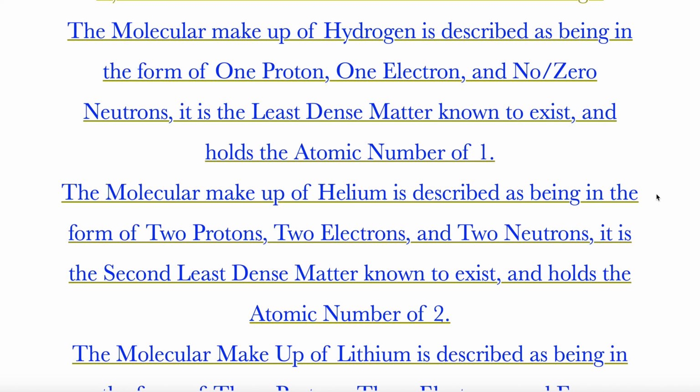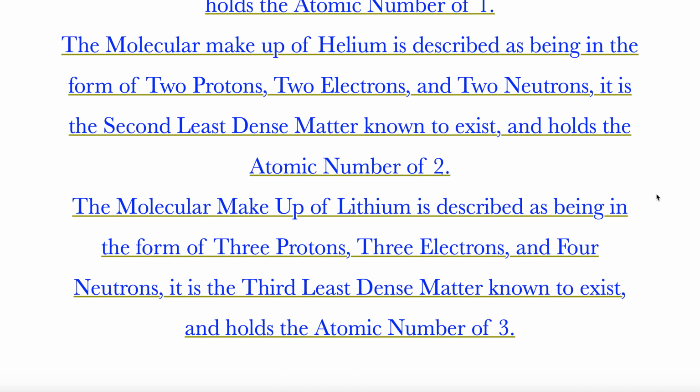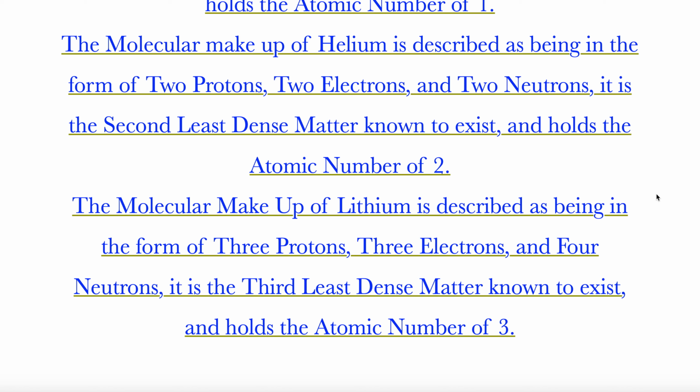But the molecular makeup of helium is described as being in the form of 2 protons, 2 electrons, and 2 neutrons. It is the second least dense matter known to exist and holds the atomic number of 2. The molecular makeup of lithium is described as being in the form of 3 protons, 3 electrons, and 4 neutrons. It is the third least dense matter known to exist and holds the atomic number of 3.